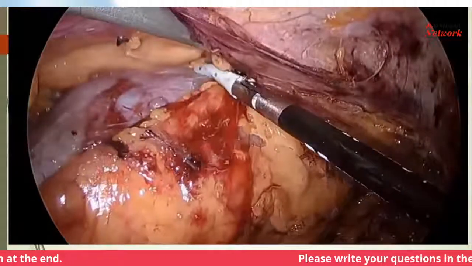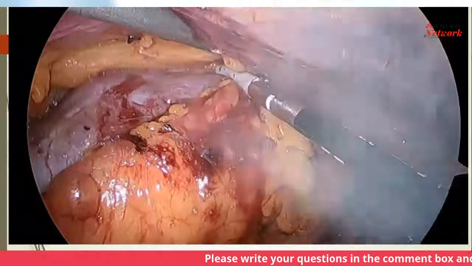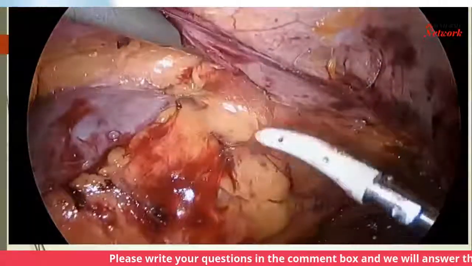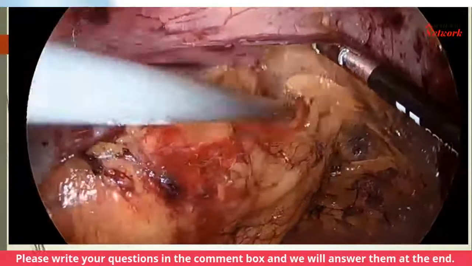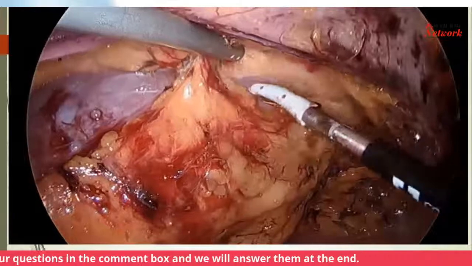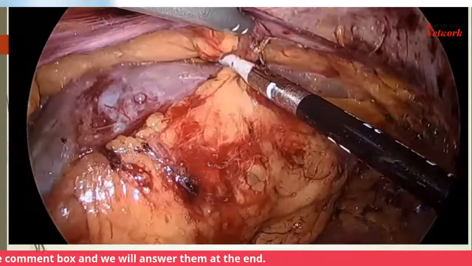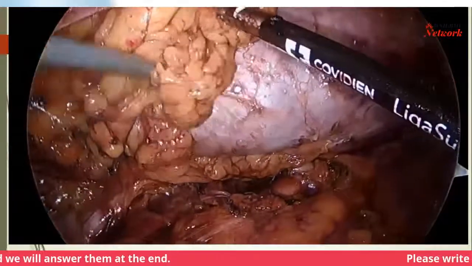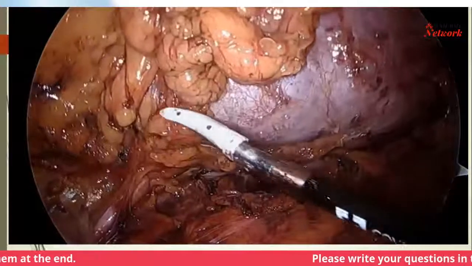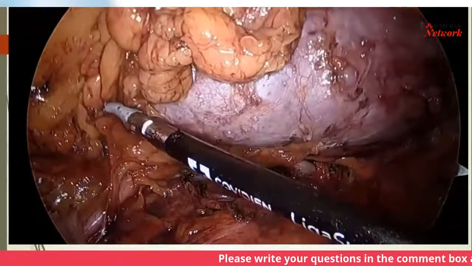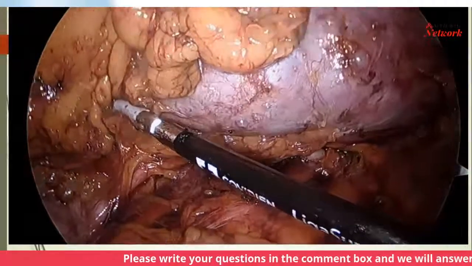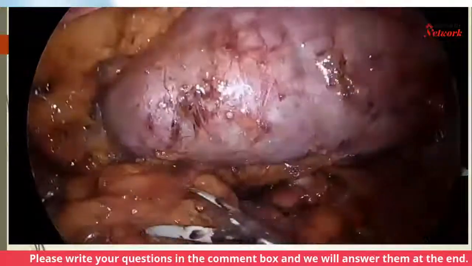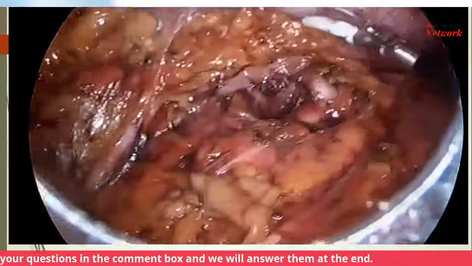It's just at the back. Everything is done at the back. That's the big advantage of this operation, because you're unlikely to damage any structure inside your tummy. Damaging the liver or the spleen is not likely to happen here. The bowel is not likely to be damaged because you cannot even see bowel.